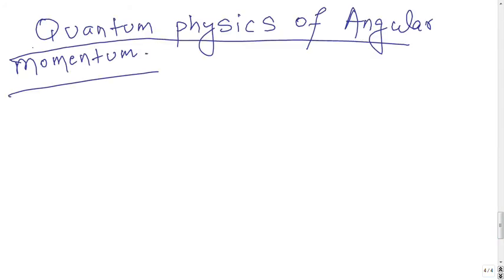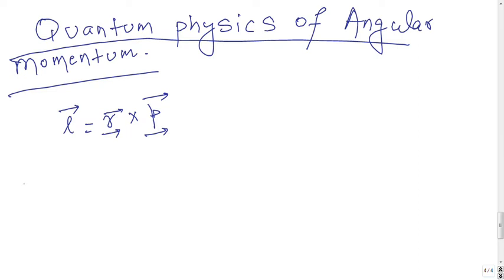Let's start with the quantum physics of angular momentum. If you remember, the angular momentum in classical mechanics was given as, if L is a vector denoting the angular momentum, it is defined as r cross p, where r is the position vector of the particle and p is the linear momentum of the particle.